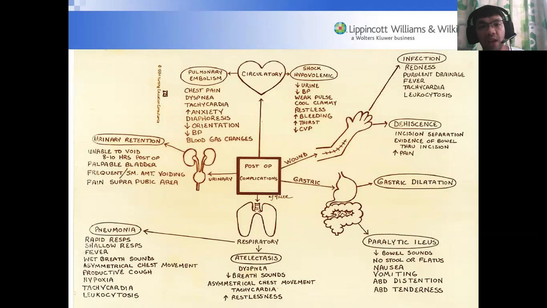For the cardiovascular complications, hypovolemic shock, I've already mentioned to you the signs and symptoms of this. For pulmonary embolism, this can occur as well. Chest pain, dyspnea, tachycardia can occur together with increased anxiety, diaphoresis or excessive sweating, decreased orientation, decreased blood pressure, and decreased blood gas exchanges.